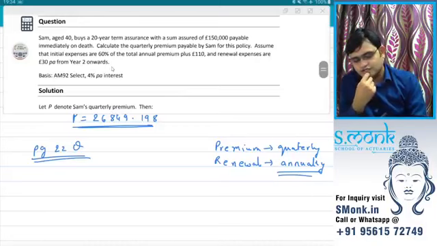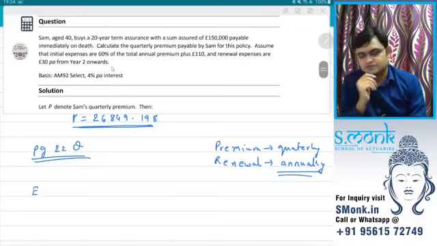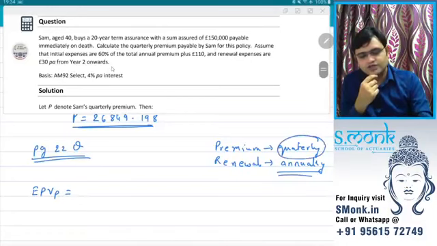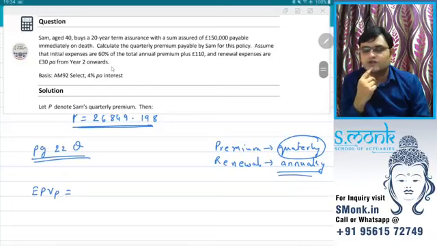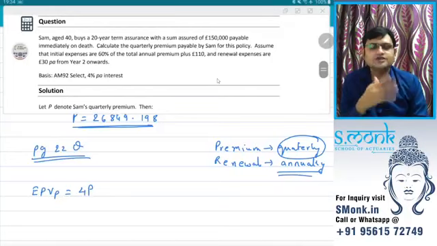So in this case, how would we write? First, I always write expected present value of benefits, expected present value of premium, expected present value of expenses. So expected present value of premium, because the premium is paid quarterly and we need to calculate the quarterly premium. So I'll say 4P would be paid annually, P being the quarterly premium.